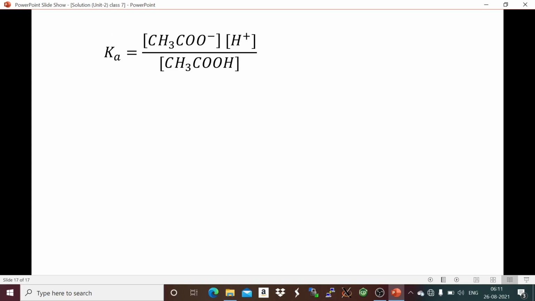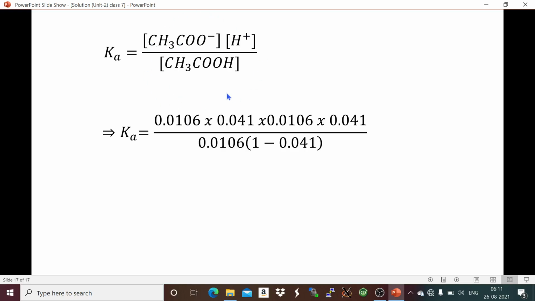Then just put the values in the formula for Ka. Putting the values and calculating, we get the Ka value as 1.86 into 10 to the power minus 5. Okay, thank you.